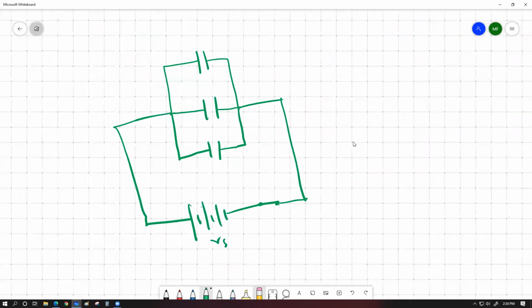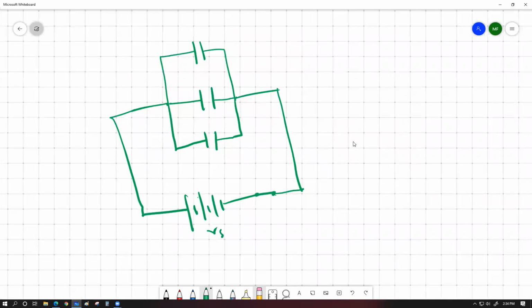Now, what we should see over here is that because they are all connected in parallel, let's say this is capacitor 1, this is capacitor 2, this is capacitor 3. You need to understand that these three capacitors are all individually connected to the supply because current can directly flow through this way and back.